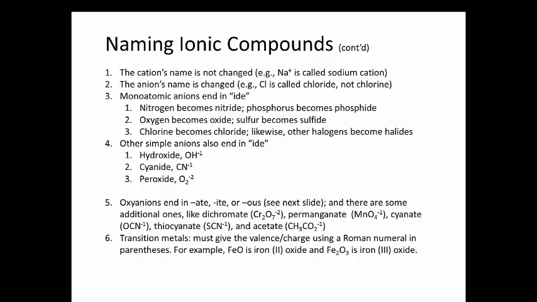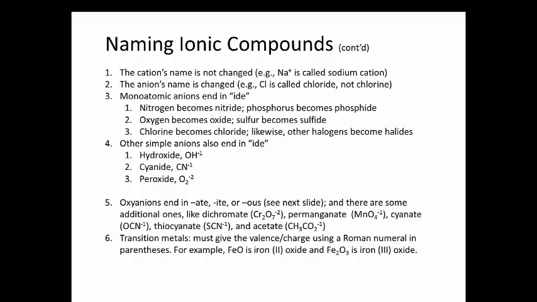They will end in ate, ite, ous, and there are some additional ones, besides the ones I show in the next slide, such as dichromate, Cr2O7 -2. See, it can get a little complicated. Permanganate, MnO4 -1. Cyanate, OCN -1.